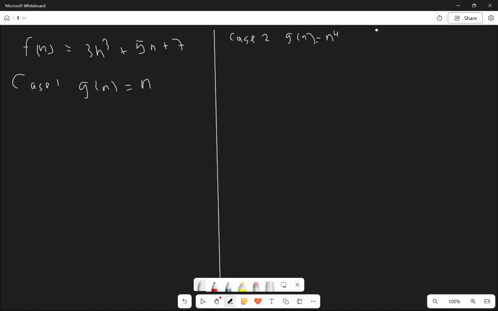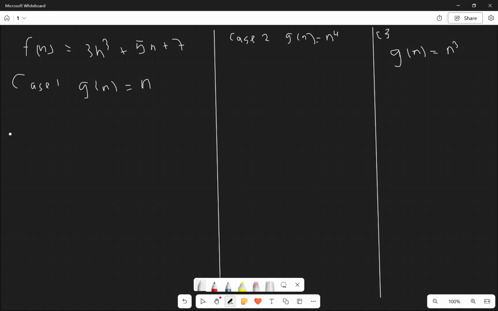And for case 3, gn is equal to n cube. So these are three possible candidates.